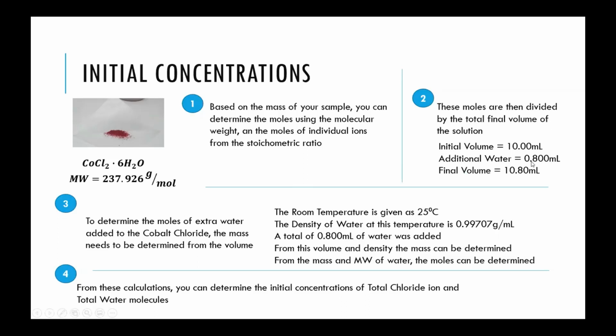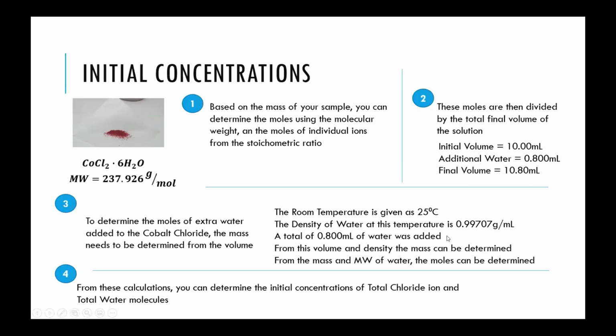We added 0.800 milliliters of water, and this was at a temperature of 25 degrees. So the volume of water needs to be converted to a mass of water using the density here. The density is not exactly 1. And once you have the mass of water, you can use the molecular weight and calculate how many moles of added water there was.